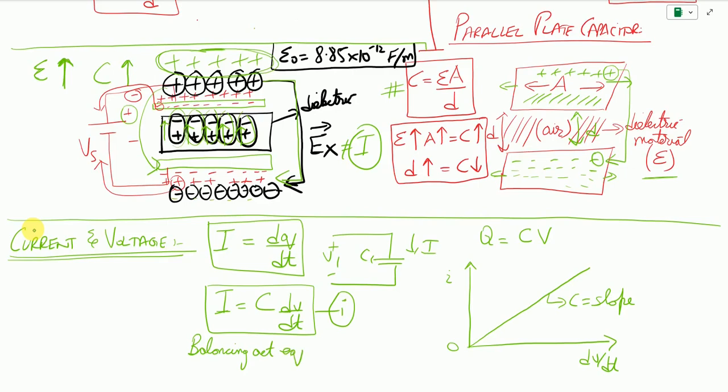So balancing act means that whenever the voltage tries to go to a maximum value, the current inside the capacitor is going to come down to a smallest value, or to the zero value, in order to maintain this linear relationship. If not, then the system will not function properly.